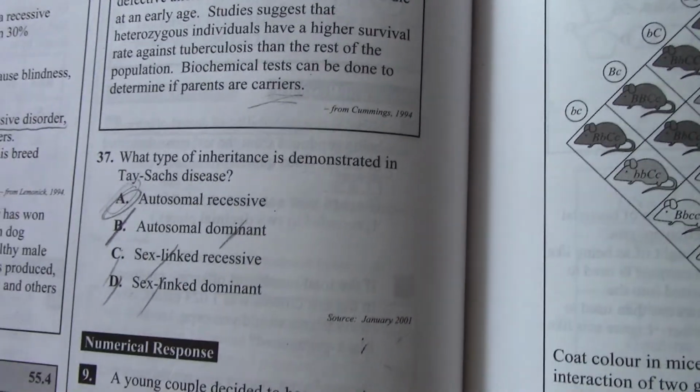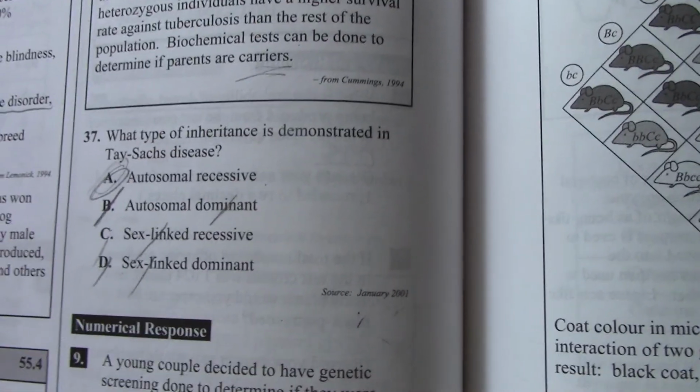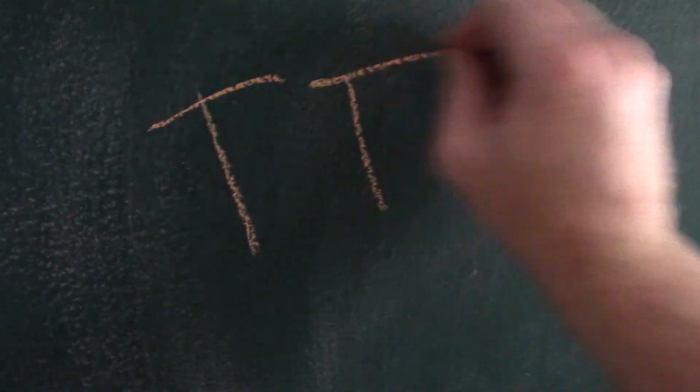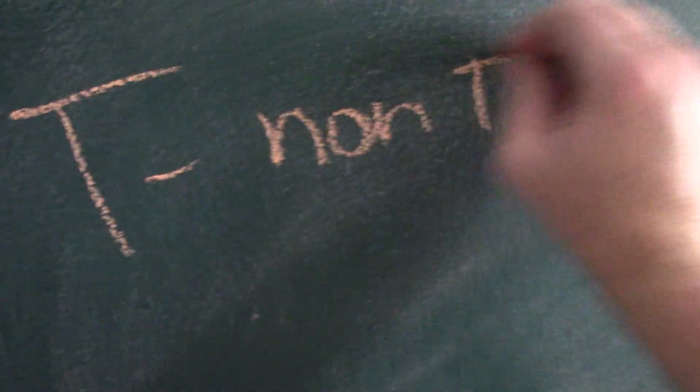Okay, so they have to be homozygous. So in order to have Tay-Sachs, they have to be recessive, and this is not a sex-linked trait, so it's autosomal recessive, right? So big T is non-Tay-Sachs. Big T, little t actually gives advantage.